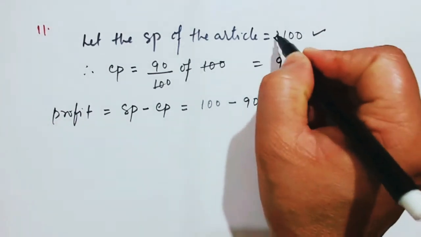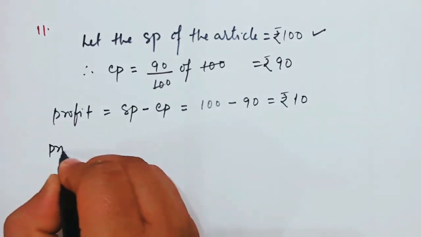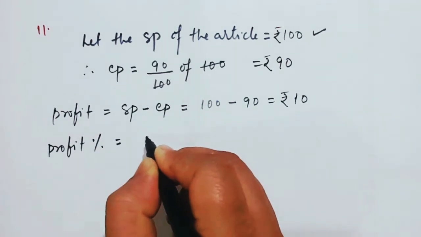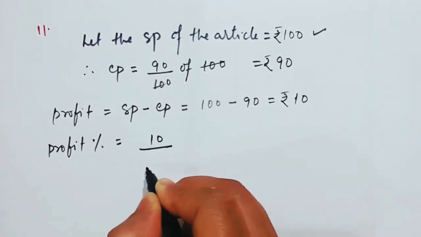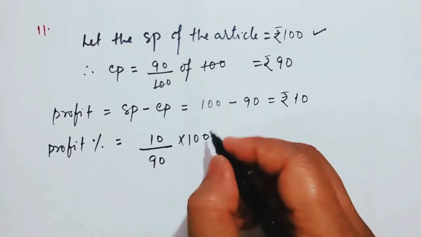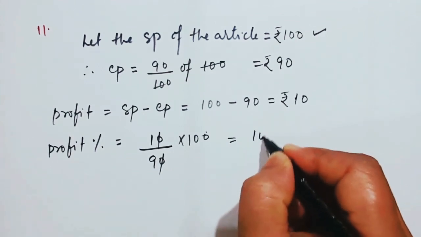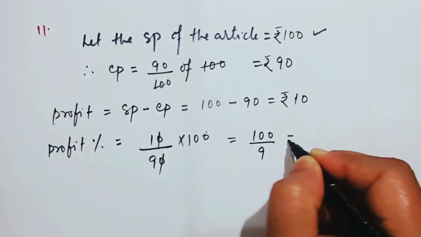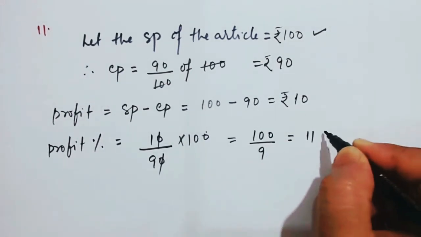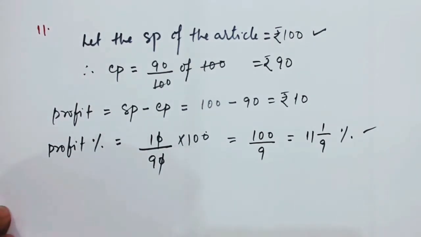So profit percentage will be equal to profit by cost price into 100. Simple. 100 by 9, 11 1 by 9%. Simple. No tension at all.